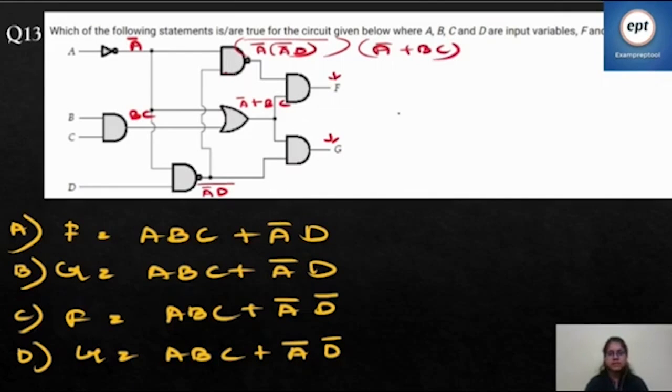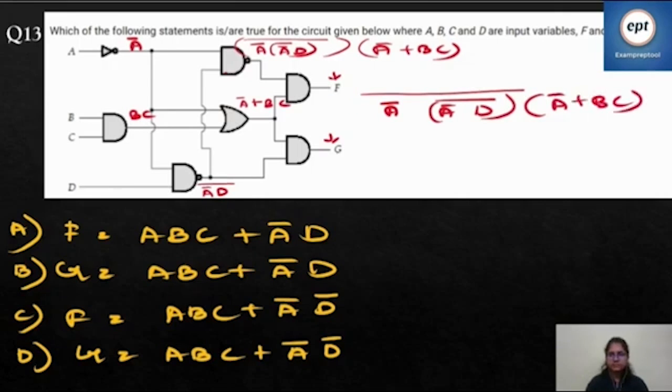So let's minimize the F. Let's write the F first. So F will be A bar D the whole bar, and on this the whole bar is present, and the other is A bar plus BC. So let's solve this. If we solve this, it will be first A plus D bar, and here A bar is there and again the bar is there.